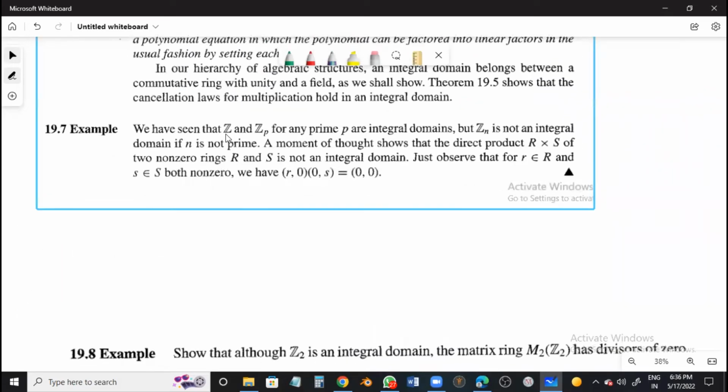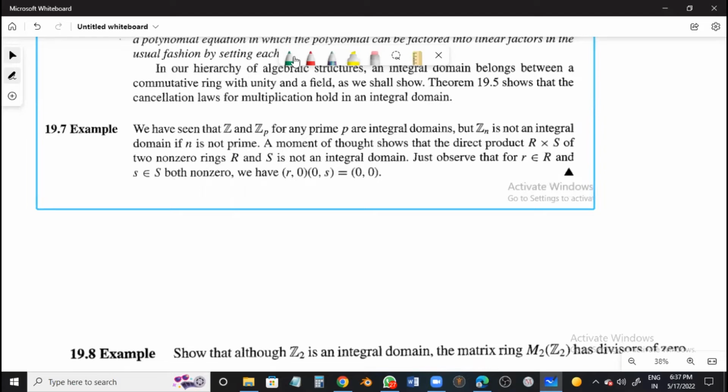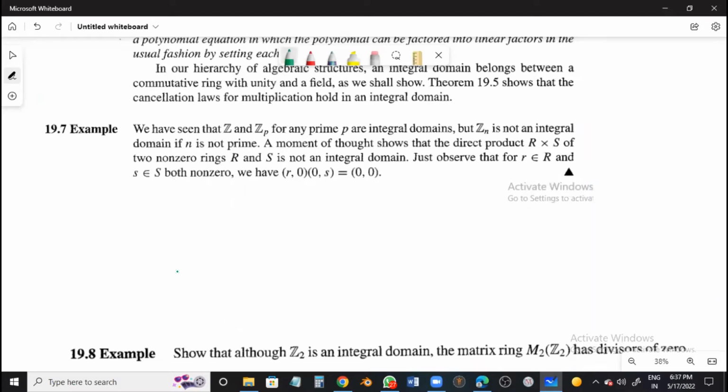So Z is an integral domain. Z is the set of integers, and it has no zero divisors. If I take any two integers, A is an integer, B is an integer, and I say the product is zero, will A and B be non-zero always? Is it possible with non-zero integers?